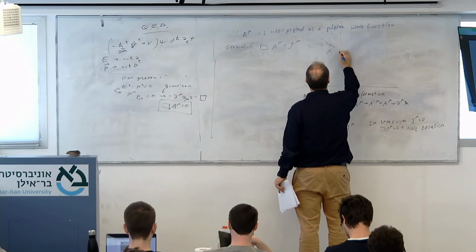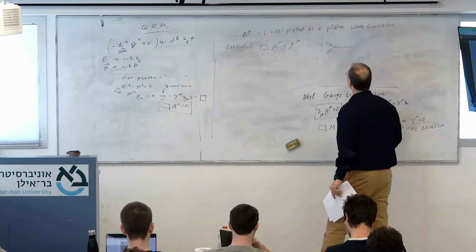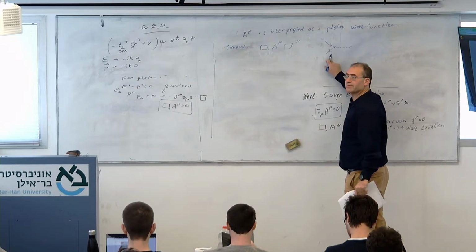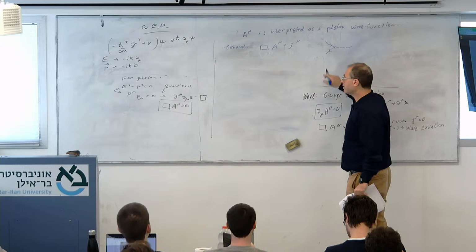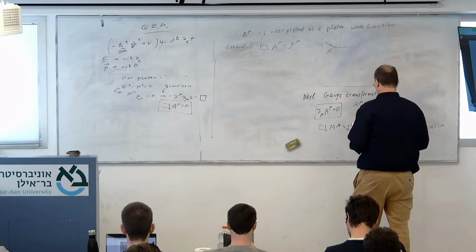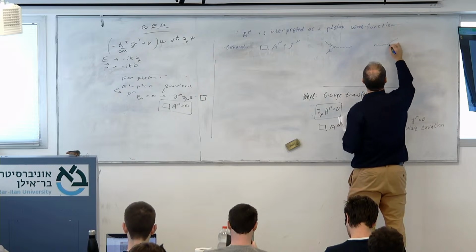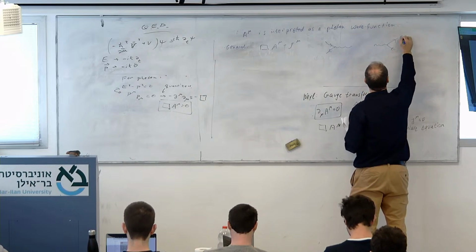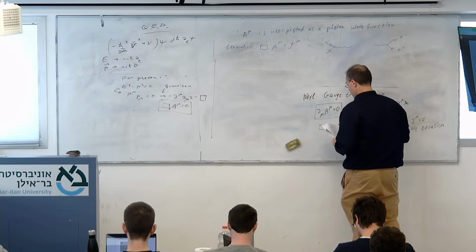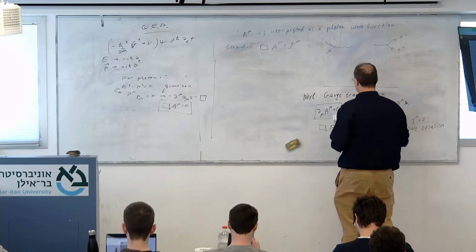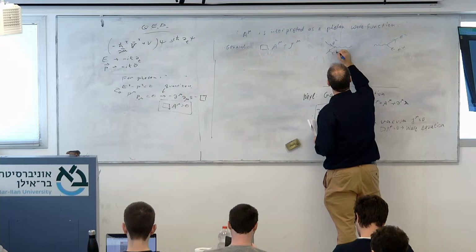So this can be something like that. These are things we've seen. This is a generation of a photon by a current. You have an electron and positron, or you can have a photon that decays into an electron and positron. We can have a scattering.